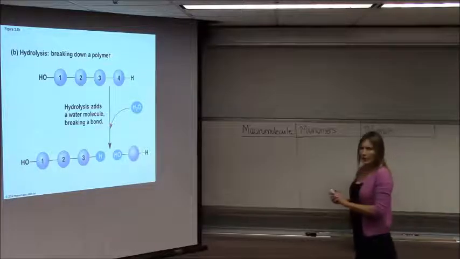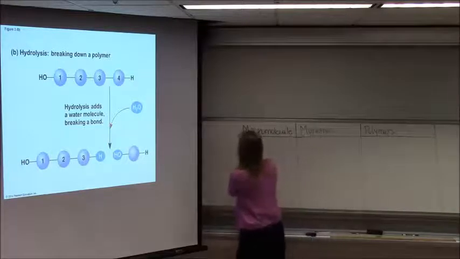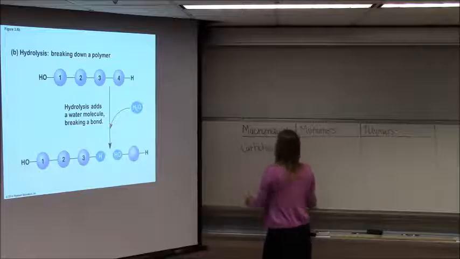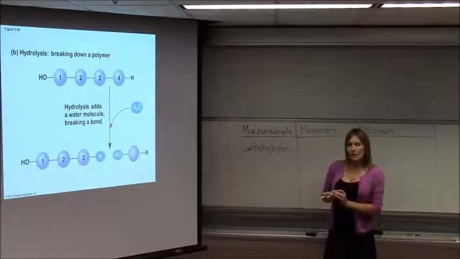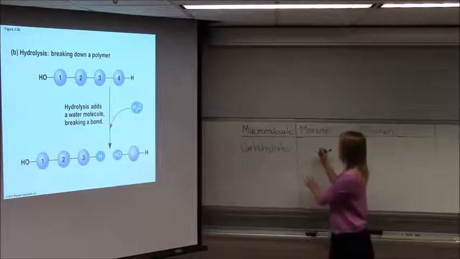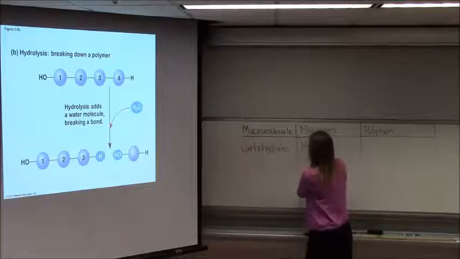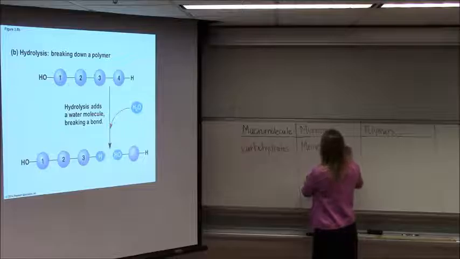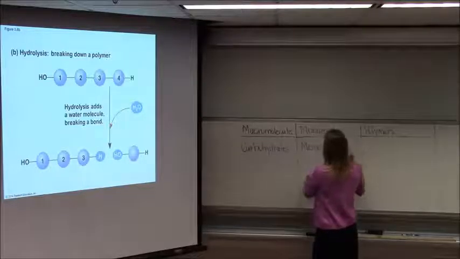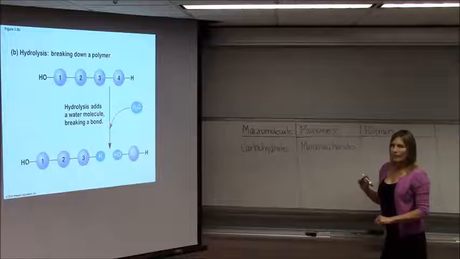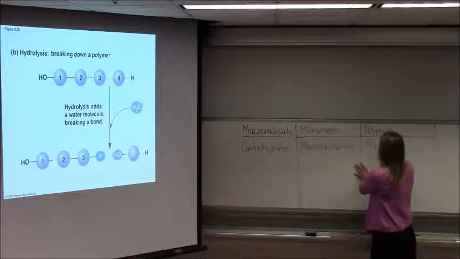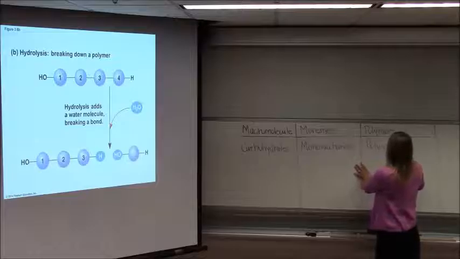Okay, so starting with carbohydrates, our first category of macromolecules. The monomers of carbohydrates are going to be called monosaccharides. Means one sugar. The polymers are going to be called polysaccharides.